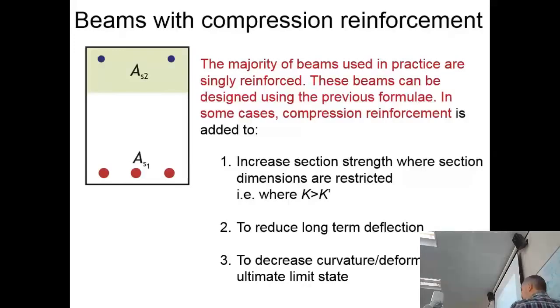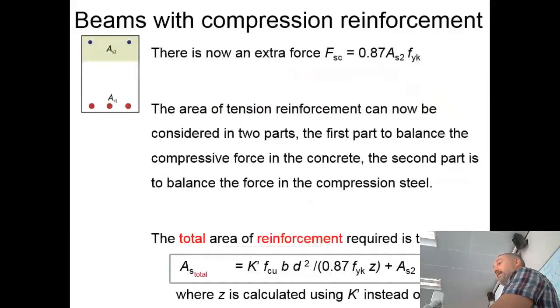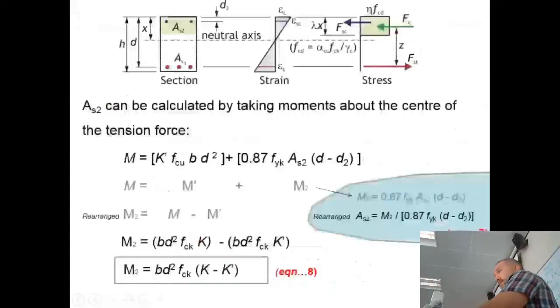It's more playing around with the dimensions. I will skip through this much faster. When you consider the force in the steel in the top, FS2, or the force of the steel in compression, then you get again your stress times by your area, and you end up with another bunch of equations for over stressed beams.